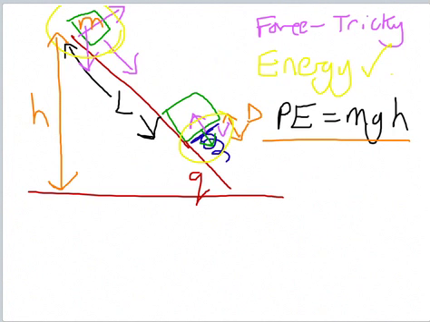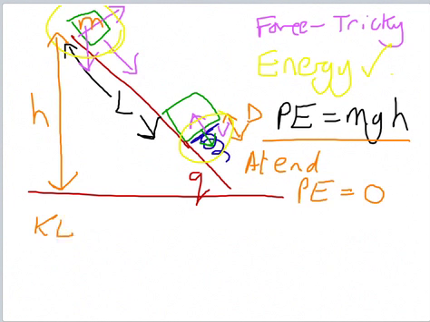At the end it's moved all the way down, so at the end PE, potential energy, is 0. The kinetic energy is 0, because when the spring is at its maximum compression, the car has come to a rest temporarily. The only energy we have is spring energy.